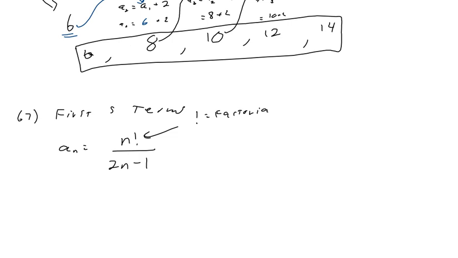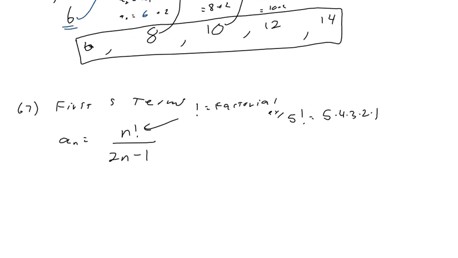If I had, for example, 5 factorial, that means multiply 5 times 4 times 3 times 2 times 1. You're multiplying all the numbers from the value you have down to 1. It's a multiplication of values.